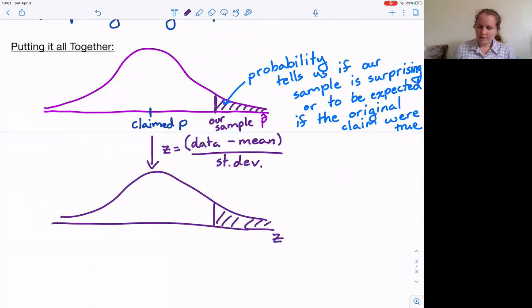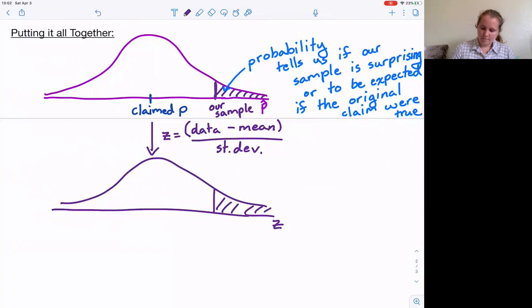This is in z now. And then from here, we will use the normal distribution calculator to find the probability.